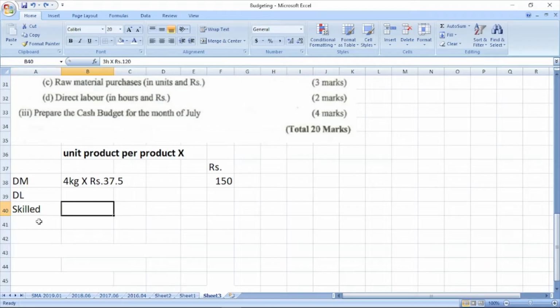So for skilled, 3 hours into 120 is 360, and for unskilled we need 5 hours into 50, it is 250.